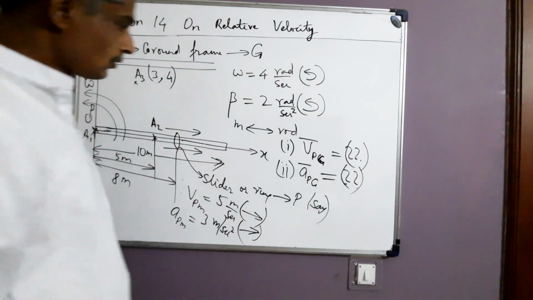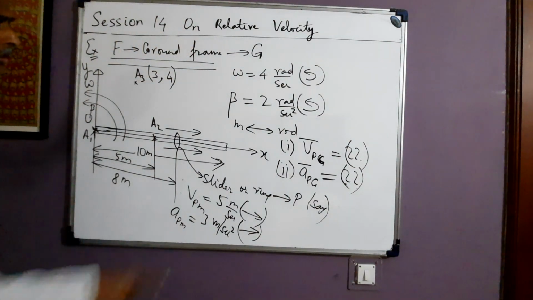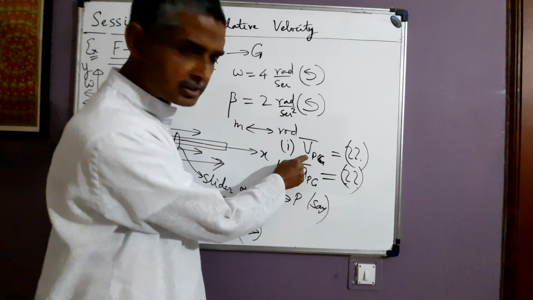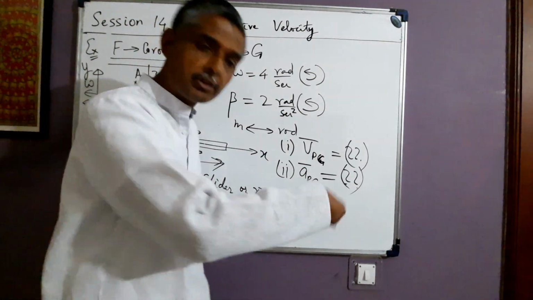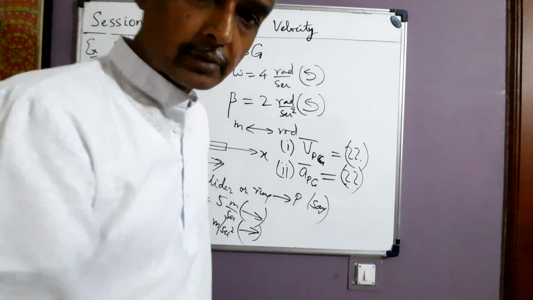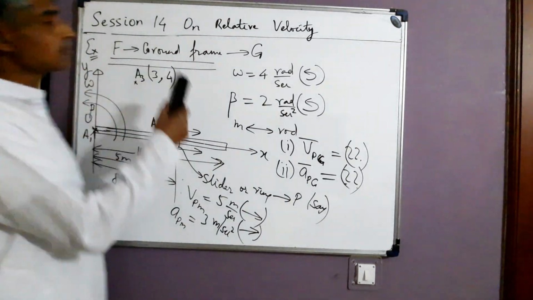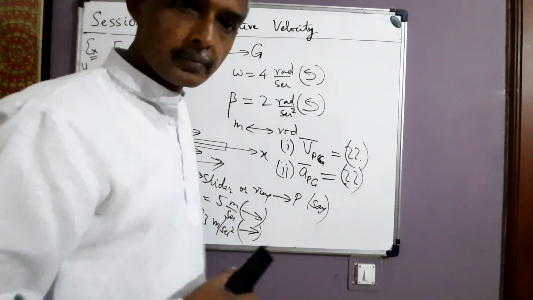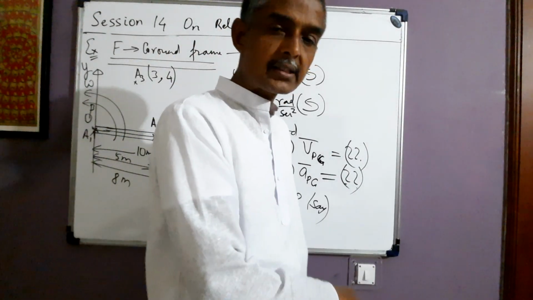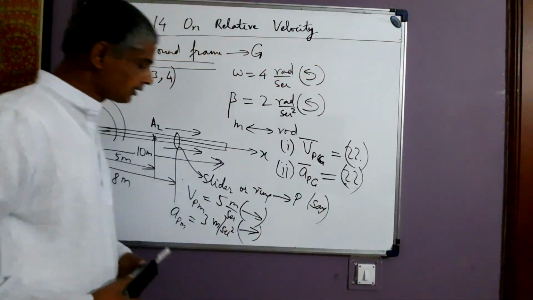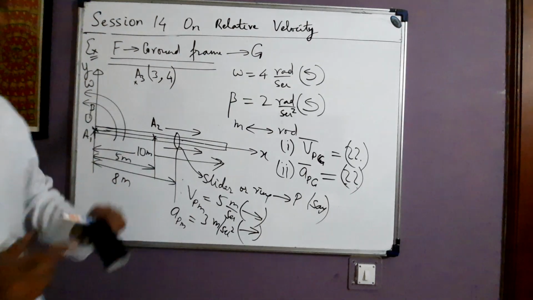So in this video, I'll just calculate this VPG just now. And APG will be found in the next video, 15th session. So 15th session will be in continuation of this 14th session. So this is the situation I have told you just now.